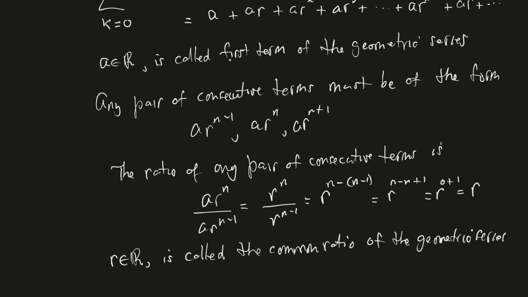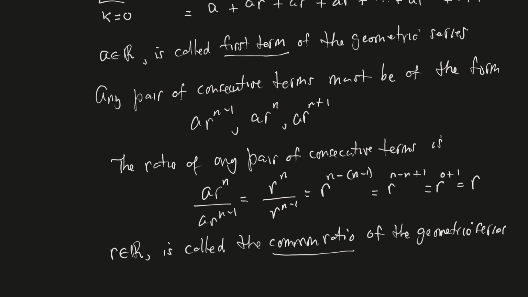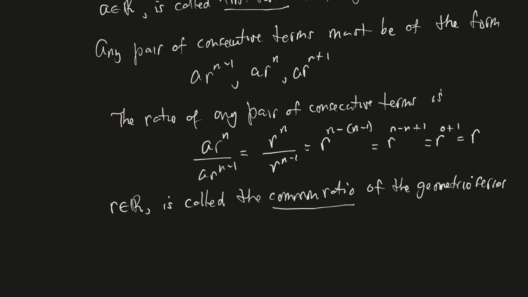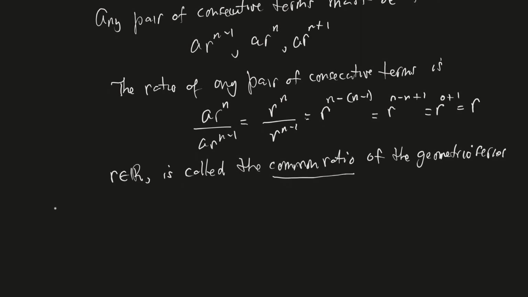So we have the first term, that's our number a, and then we have our common ratio, that's our number r. And these two are very significant in terms of analyzing geometric series and coming up with the nth partial sum and what's going to happen when we take the limit. Well, speaking of that nth partial sum, let's take a closer look.